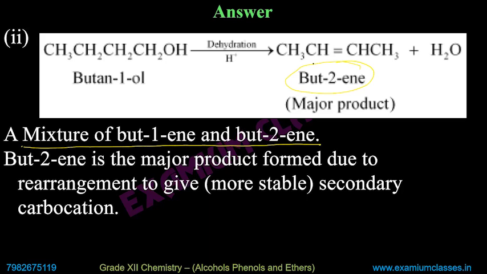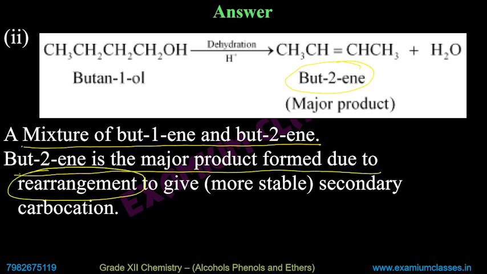However, it looks like but-1-ene should be the major product, but in reality, but-2-ene is the major product. You will write this statement: but-2-ene is the major product formed due to rearrangement. This is what your teacher and examiner will be looking for, the rearrangement keyword, to give a more stable secondary carbocation. This is another keyword, secondary carbocation.